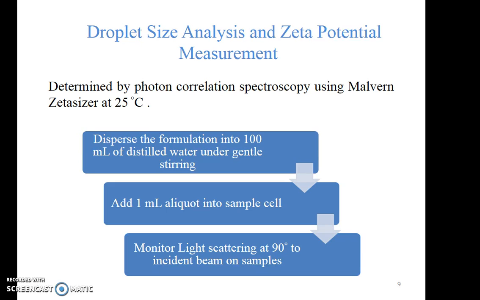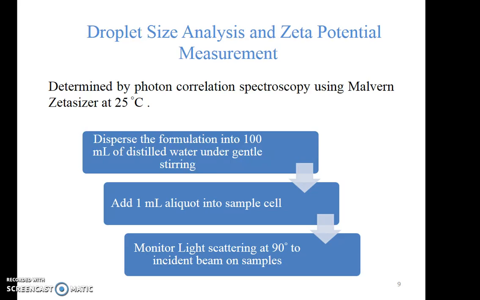Here we need to disperse the formulation into 100 milliliter of distilled water, and then 1 ml of this particular dispersion we can use in the sample cell. We fill the sample cell with this 1 ml aliquot, and then we just monitor light scattering at 90 degrees to the incident beam on the sample. So this instrument directly gives us readings for droplet size and zeta potential.